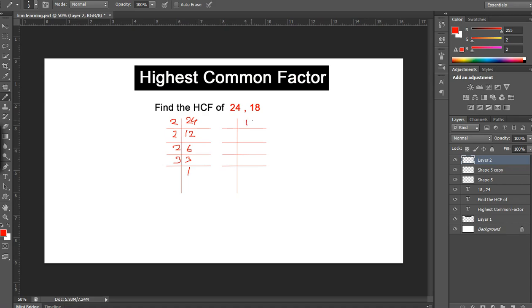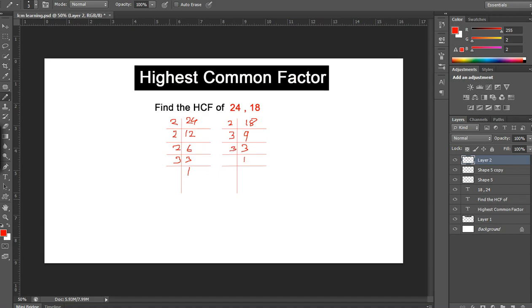And now 18, we have to divide it, starting with 2 as the lowest factor of 18. So this would be 9. Now we cannot divide 9 by 2, we have to take 3. 3 3s are 9. If you wish, you can do this.